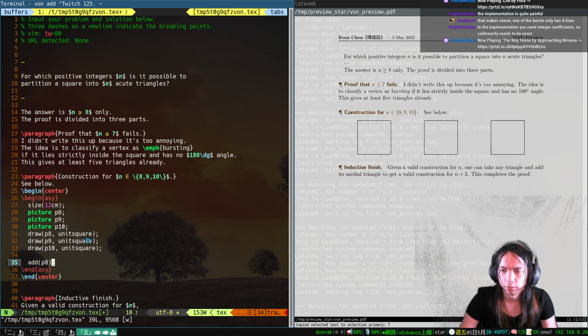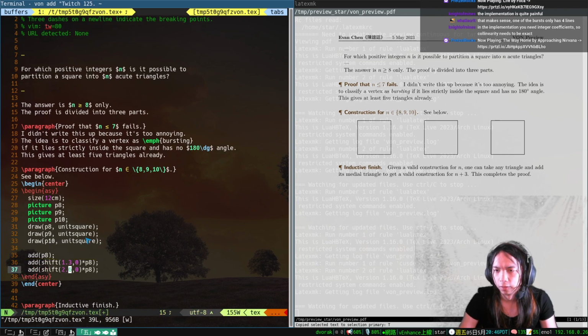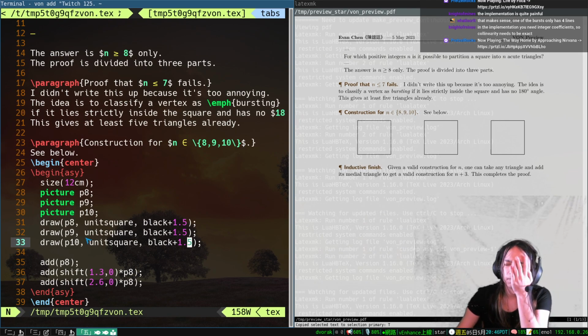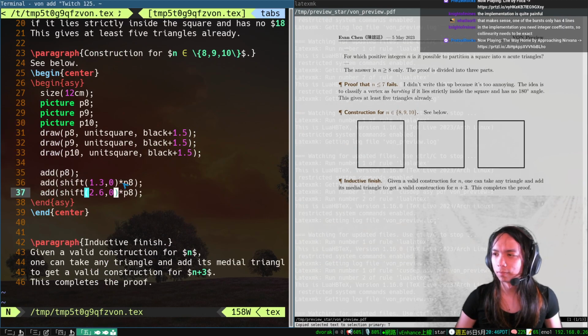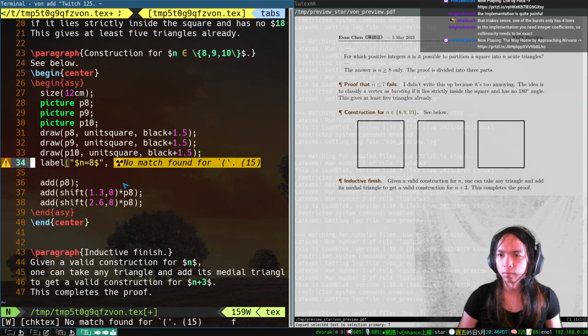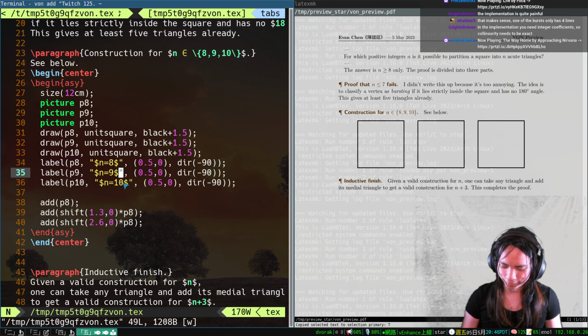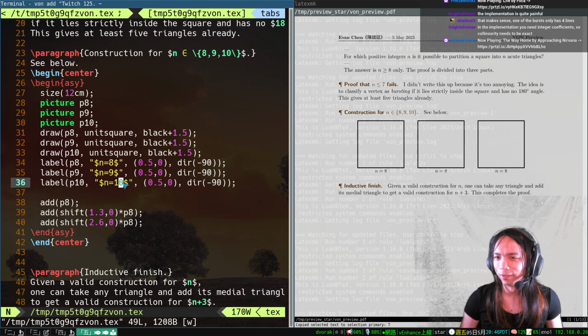Okay, add P8, add shift. Let's do it. Okay, let's see if I could actually draw this.